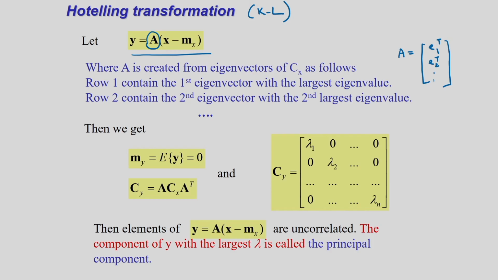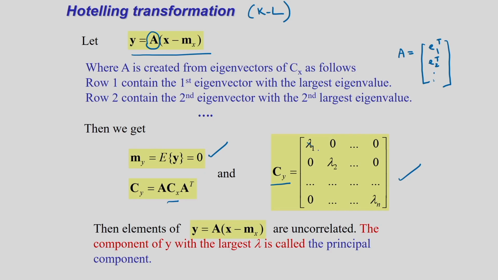And after the transformation, what is happening? You can see the mean of y, that is the mean of the transformed data, will be 0, and I can determine the covariance matrix of y, the transformed data, in terms of the covariance matrix of x, that is Cx.